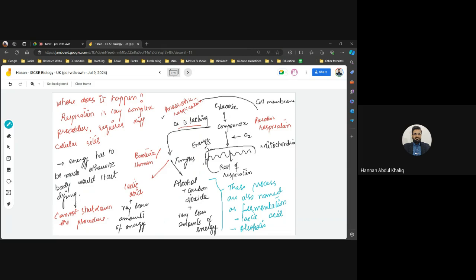There is no difference in lactic acid fermentation and lactic acid anaerobic respiration, or alcoholic fermentation and alcoholic anaerobic respiration. There is no difference, literally. The thing is that the industrial names were given to the organisms very anciently.